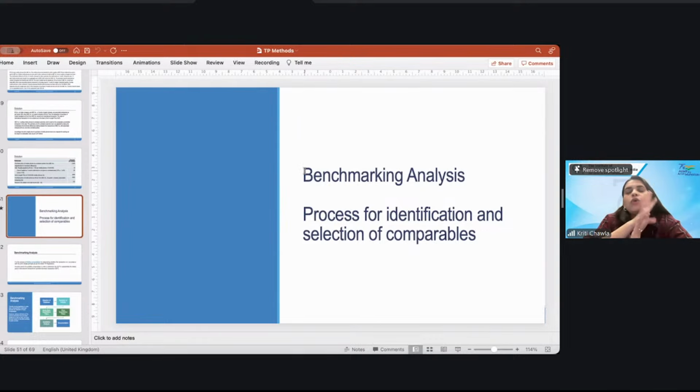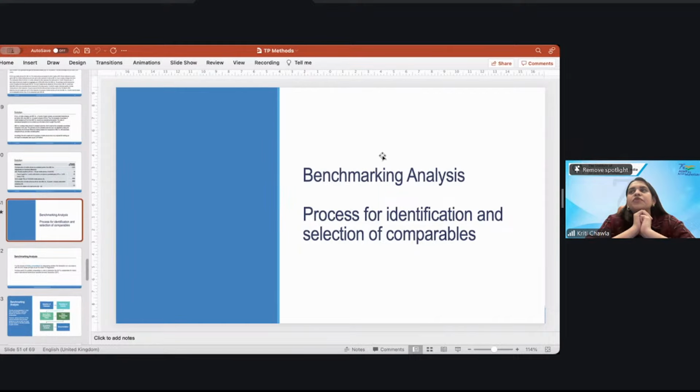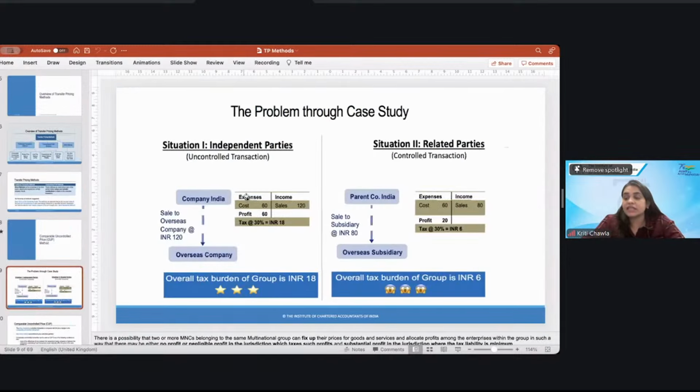Now, all this while I have been telling you how to use a particular method, like CUP. When we were on the cost plus method, I said that you have to look for comparable companies in the industry.